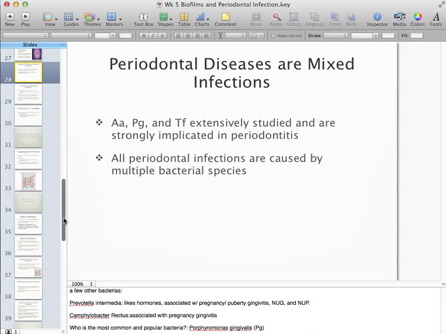And then Campylobacter rectus, which is also associated with pregnancy, because remember we thought of it this way: a pregnant person names their child Philo, or you got pregnant at summer camp, Campylobacter. It's associated with pregnancy. But most importantly, out of all these bacteria that we talked about, what is the most common one? It's Porphyromonas gingivalis.